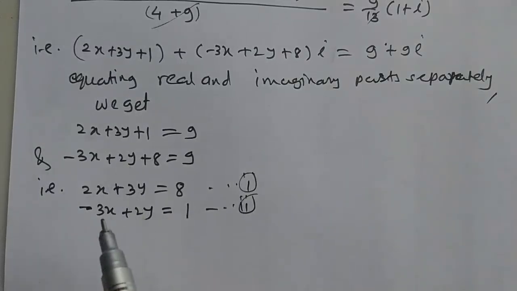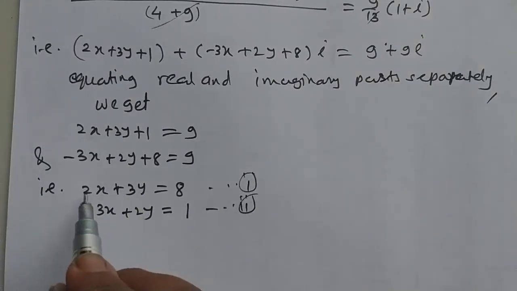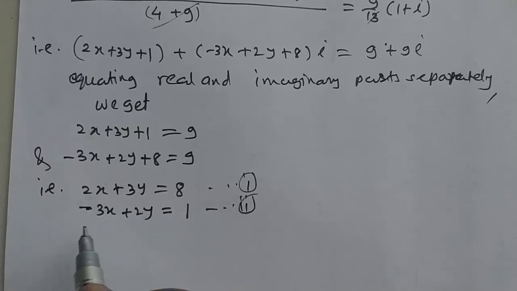Now, we multiply equation number 1 by 3 and equation number 2 by 2, so that the coefficients of x become the same but opposite in sign.